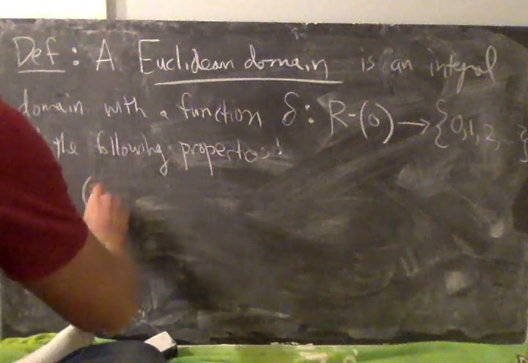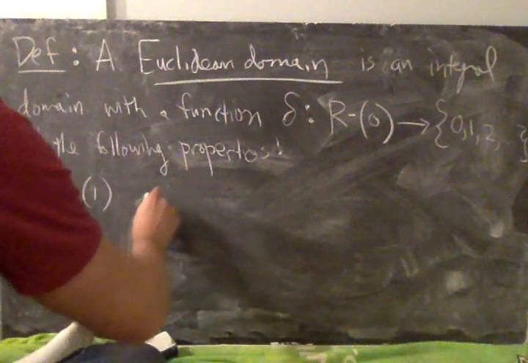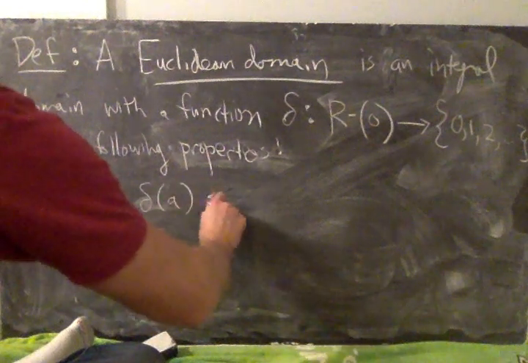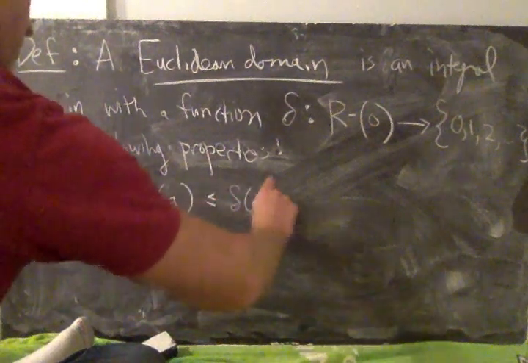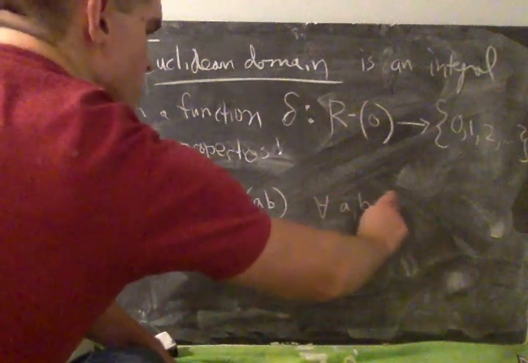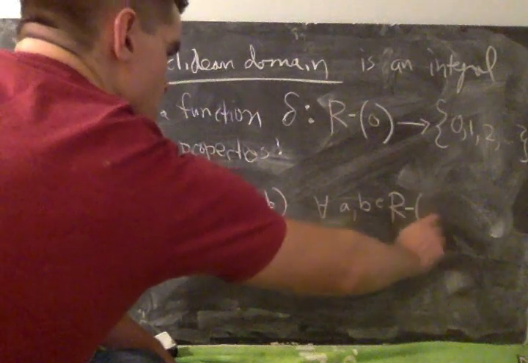One is that delta of A is less than or equal to delta of AB for all A and B in the domain of that function delta.